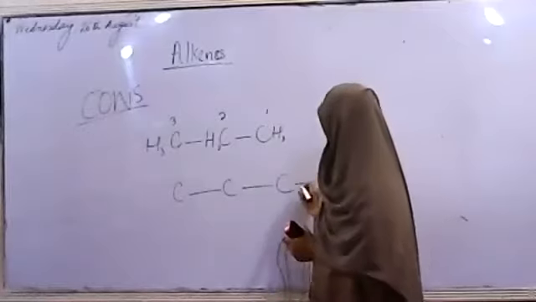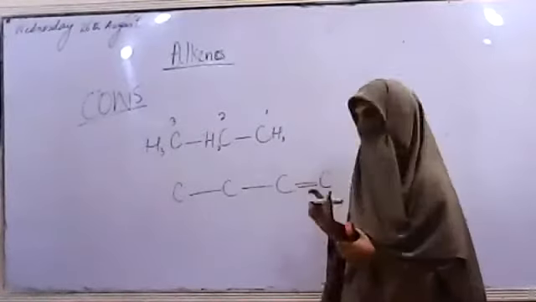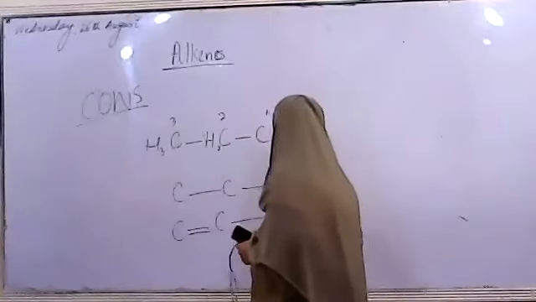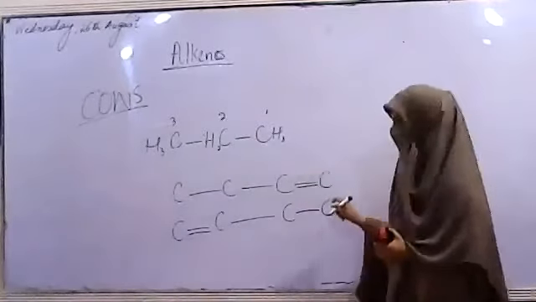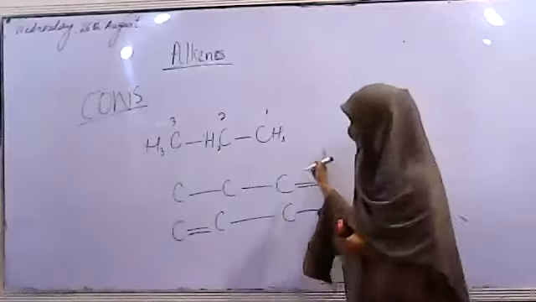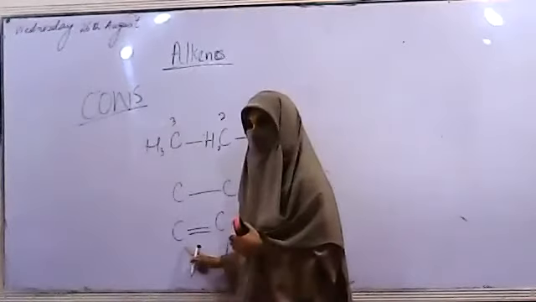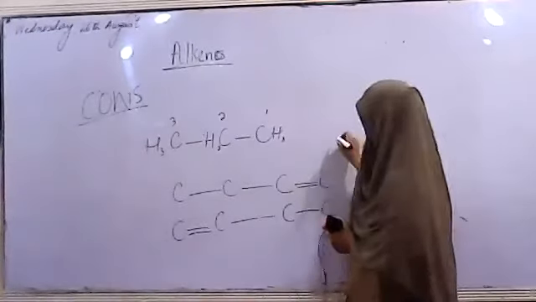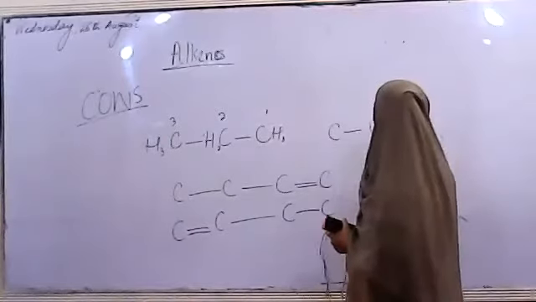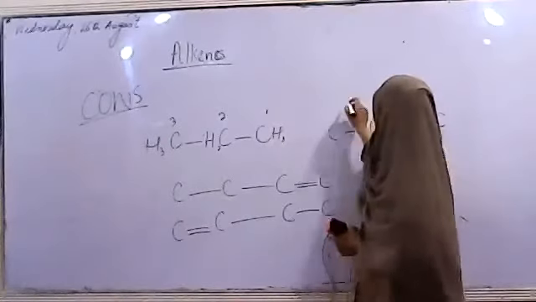If we are saying it is butene, just remember, both of these are the same. Here the double bond gets number 1, and the same is the position over here. The other isomer will be carbon-carbon single and the double bond in this position.